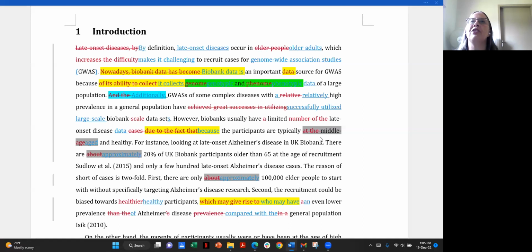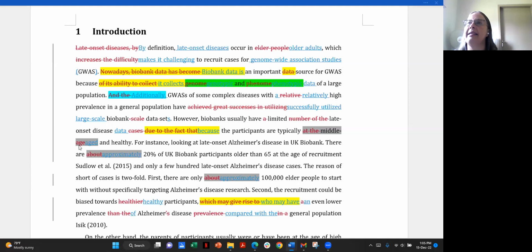Here in gray, I've shown you the example of some terminology or colloquialisms that English-speaking people will know, but perhaps you wouldn't be familiar with. The authors of this paper have said the participants are typically at the middle age.